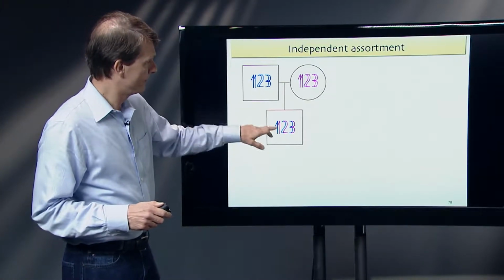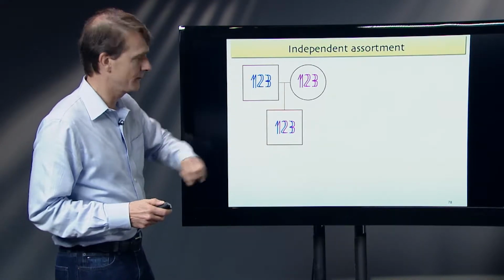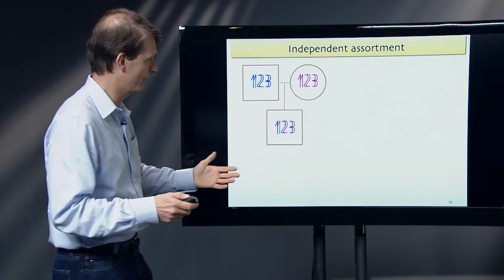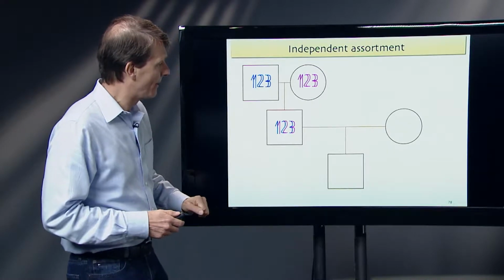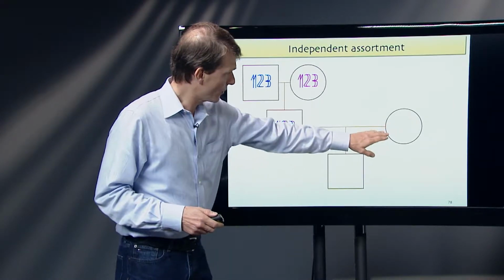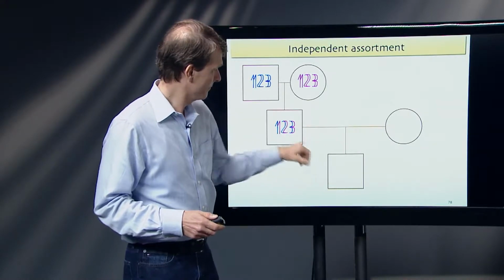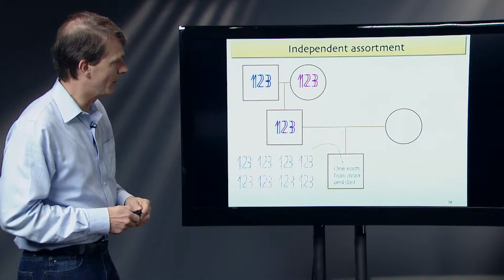Now, each chromosome, you get one copy from mom, one copy from dad. And again, I've said it so many times, it really should be obvious by now. And of course, once he contributes his genome to this, she does the same thing.